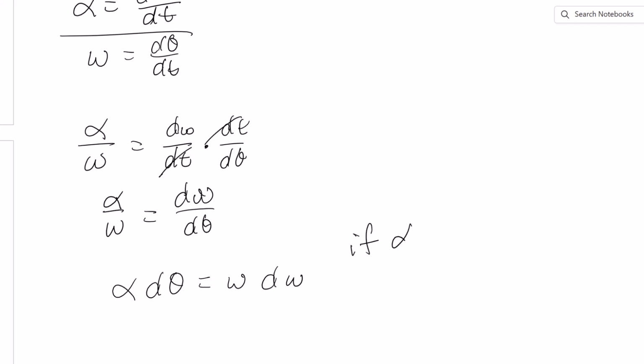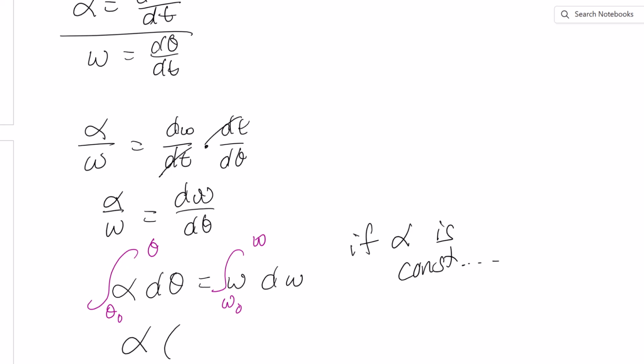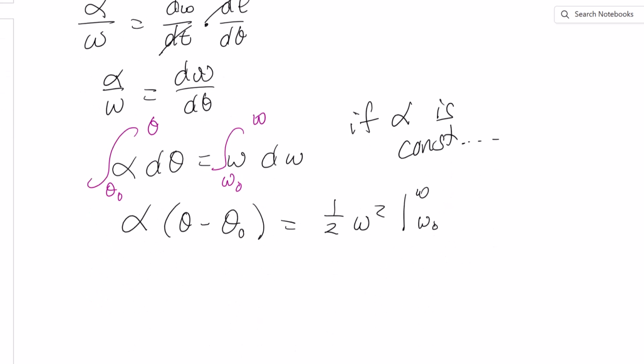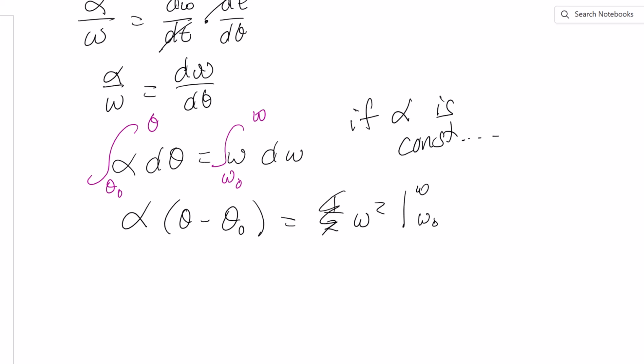And if alpha is constant, and we integrate, then we have alpha times (theta minus theta naught) equals 1/2 omega squared, evaluated here to here. And if I put the 2 over here and do some fun math, I get omega squared equals omega naught squared plus 2 alpha delta theta, which is literally just this thing.